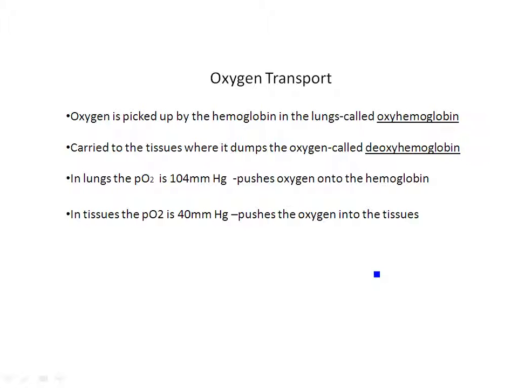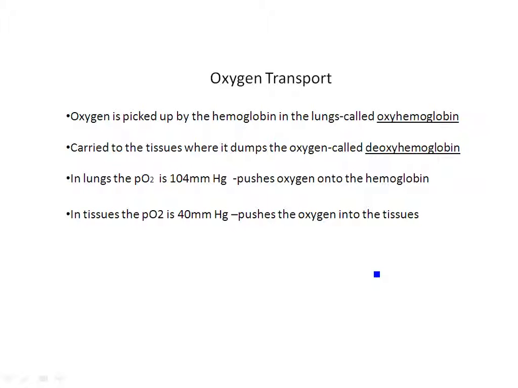The way you get the oxygen onto the actual iron atoms of the hemoglobin is all about diffusion pressures. If you have a greater pressure somewhere and a lower pressure somewhere else, that's going to push those molecules from greater to lower concentrations. So if you look in the lungs, the partial pressure of oxygen in the lungs is around 104 millimeters of mercury. Well, the atmospheric pressure is way greater than that.